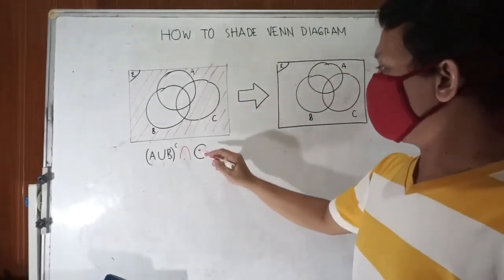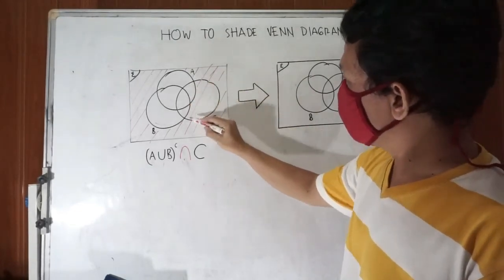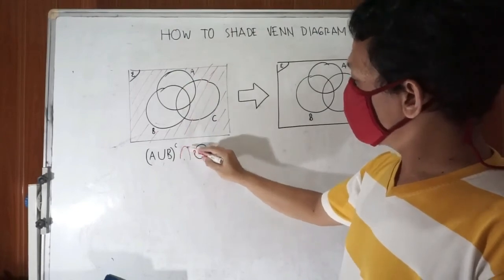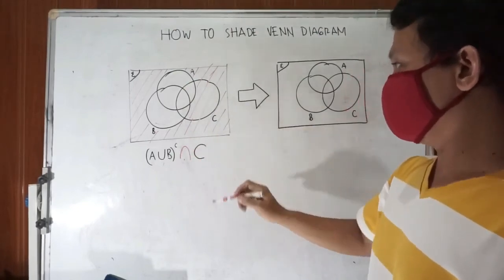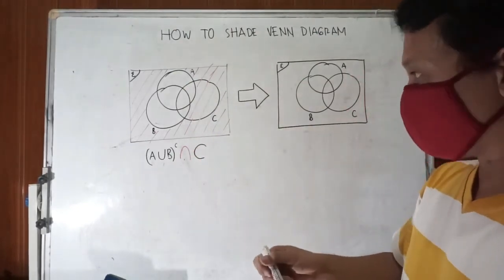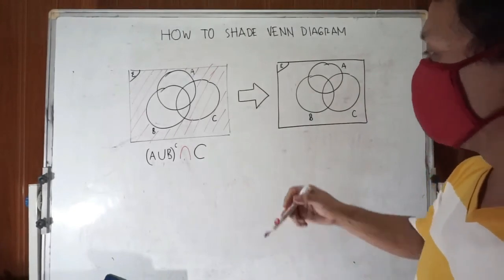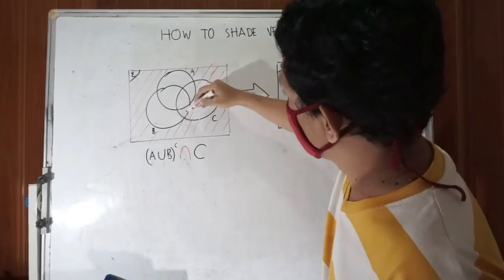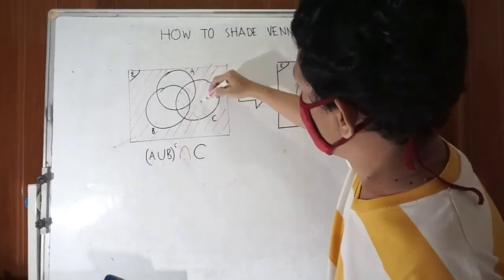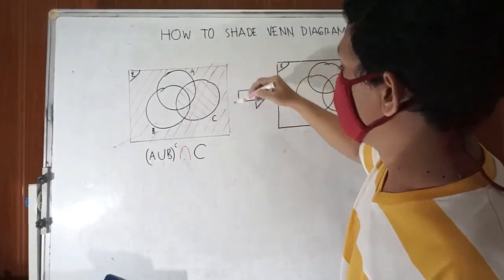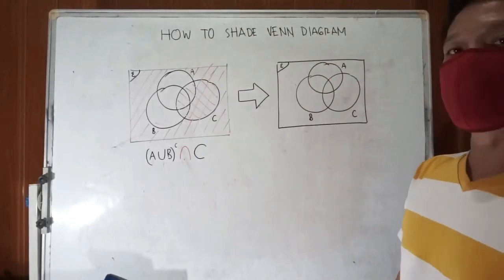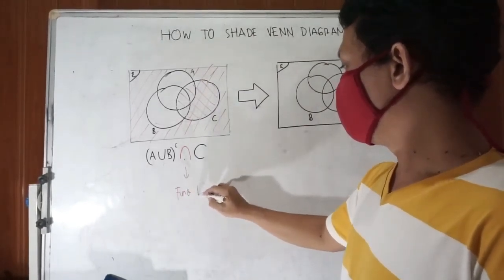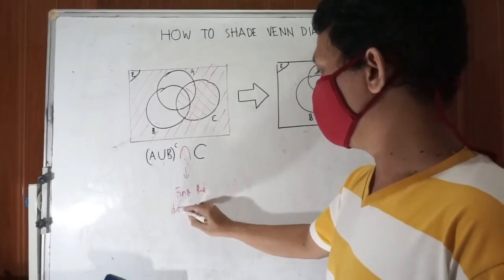Now the C. This one is set C. A union B complement intersected to set C. Now we're going to set C. This one C. Okay. Look at the diagram. Find the double area.